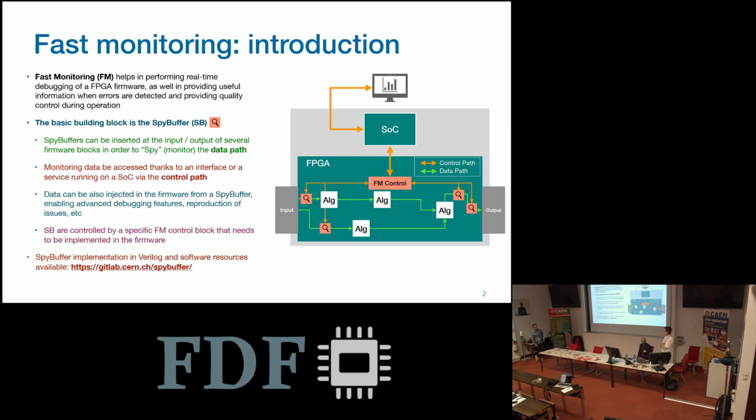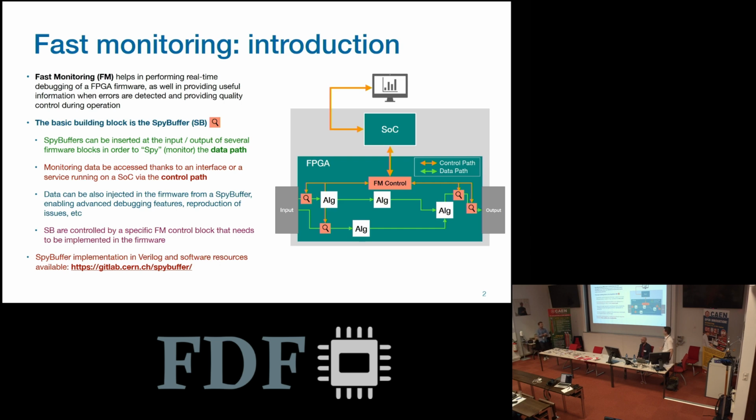If I understood correctly, as long as your data path is sending data through, for instance, from one part of your logic to the other, you can put a Spybuffer, and in that case, it will be ready almost out of the box. You just have to write the fast monitoring control path, which is not given in the repository because it depends a lot on the implementation.